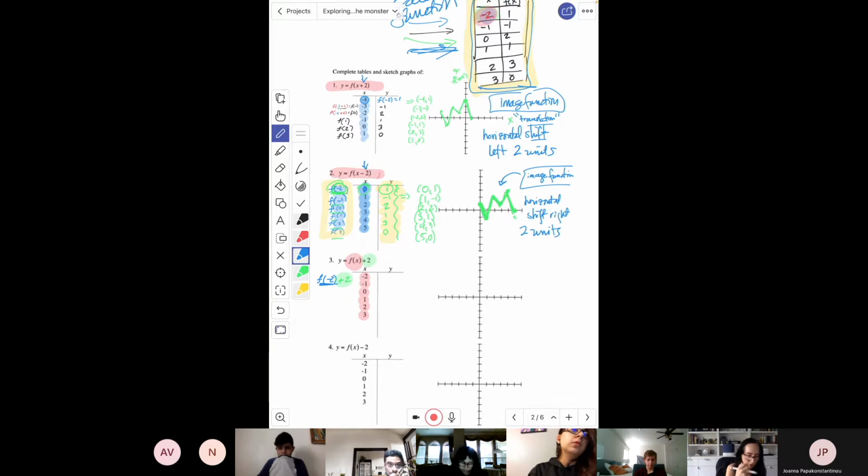Well, the function evaluated at -2 is 1, right? Isn't this f of -2 equals 1? So the function evaluated at -2 is 1. So this becomes 1, and 1 plus 2 gives me 3.